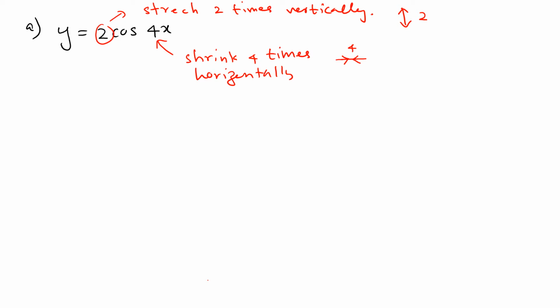So we're going to go step by step. We start with the basic graph, and we know how the basic cosine graph looks. It starts at 1, goes down, and comes back to 1.